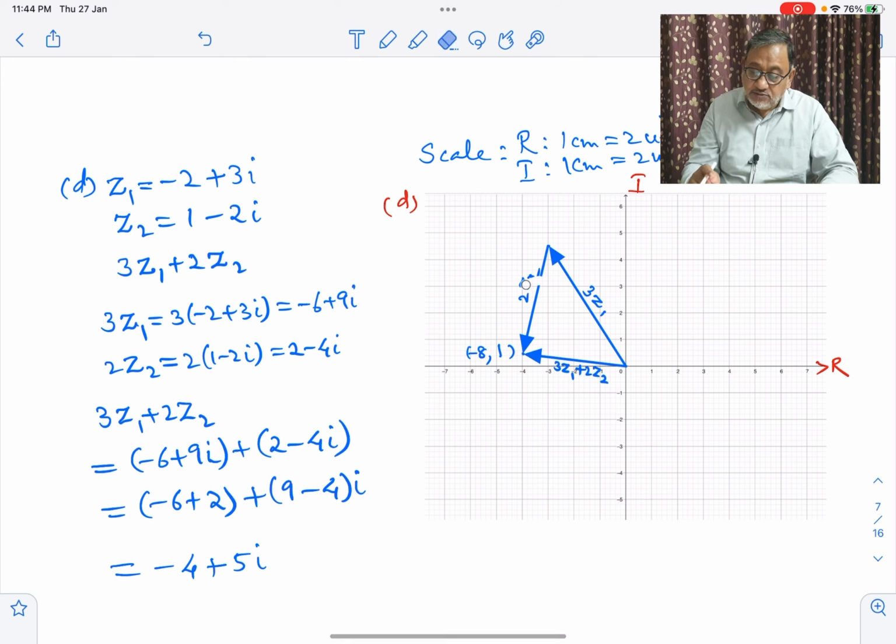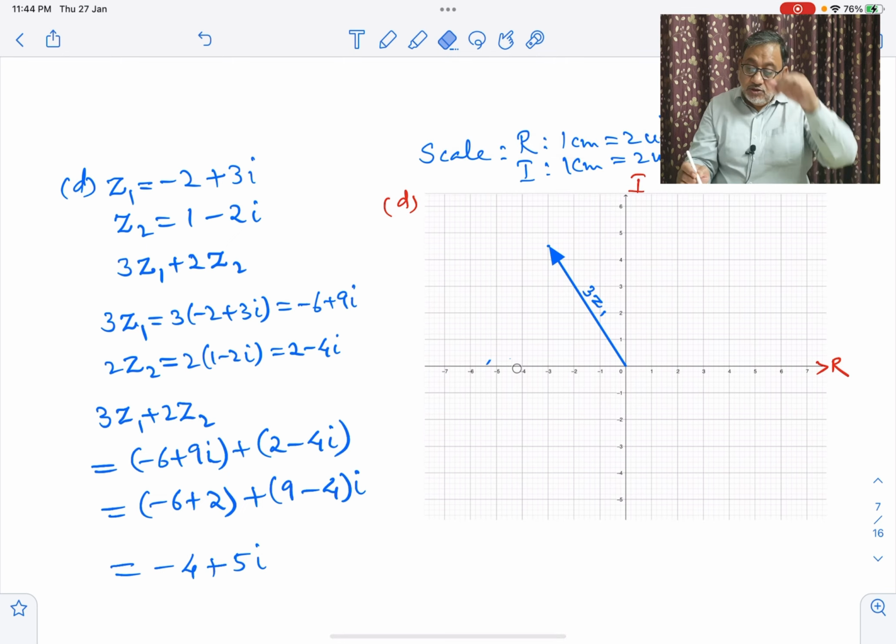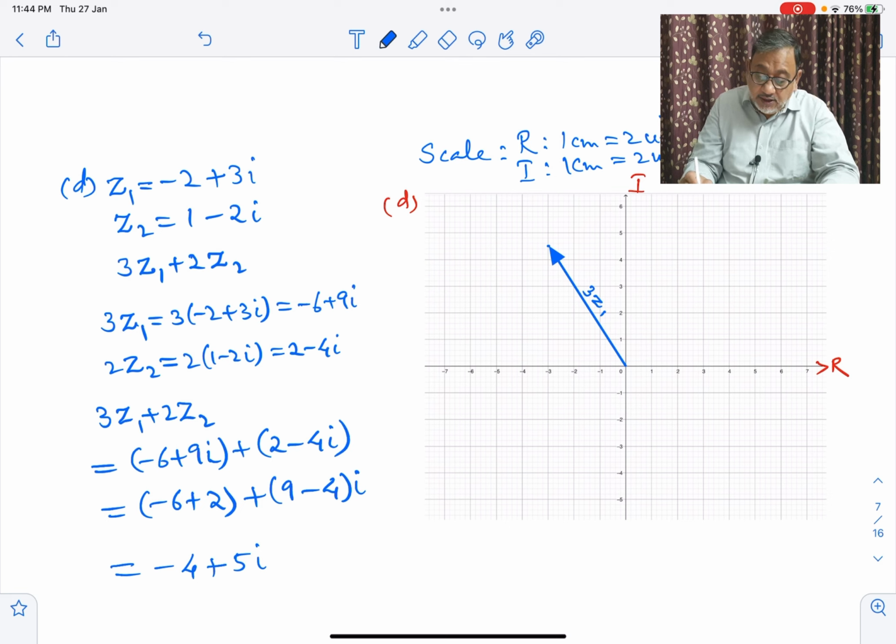I will erase this part. Okay, so this will not be my result. Okay, so look here, by mistake I had taken like that, so it should be plus 2, so 2 units to the right. Okay, 2 units to the right from minus 3 means minus 1.